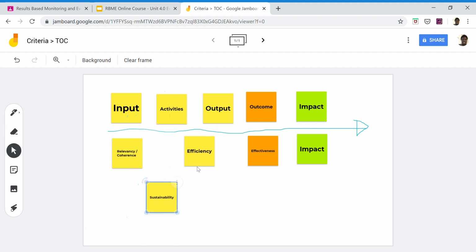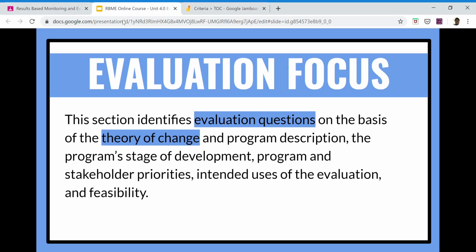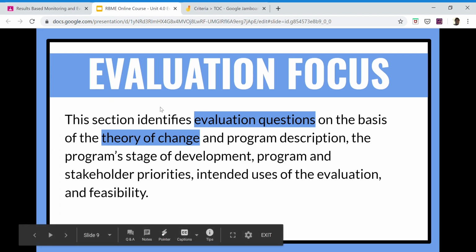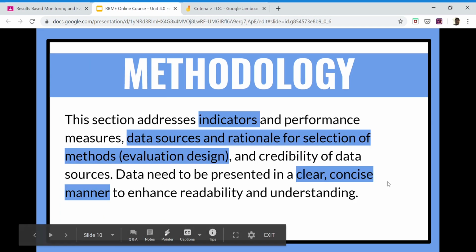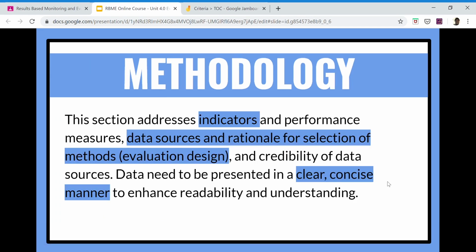So this is how you match each evaluation question with the theory of change, and that's included in your report as well when you talk about the focus of the evaluation. Another thing is the methodology, and we've discussed this several times.